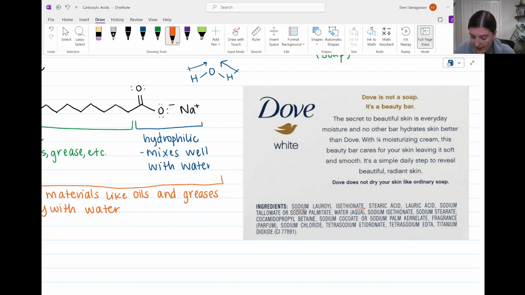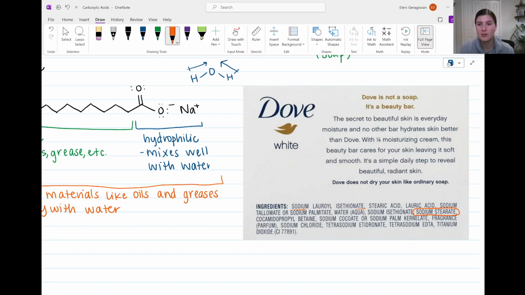We have stearic acid, so that's the carboxylic acid version. Lauric acid is a carboxylic acid. Sodium tallowate is a carboxylate salt. You'll see a few more, and then right here we have sodium stearate. So that's that molecule that we had drawn with the 18 carbons. So these types of molecules are common in soap because of the properties that they have.